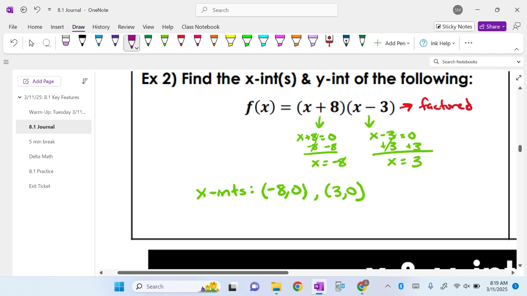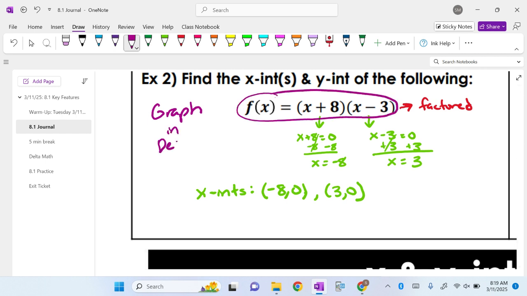Now, my y-intercept, sorry, I'm going to graph in Desmos to find. So take a minute and type this function in Desmos exactly as you see it. Just replace the f of x with y. So you should have y equals x plus 8 times x minus 3.